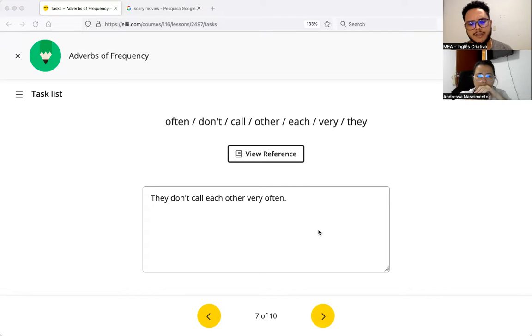Yes. What is each other? Each other. I don't know. Um ao outro. Each other. Each other. Okay. Now create your sentence with not very often.